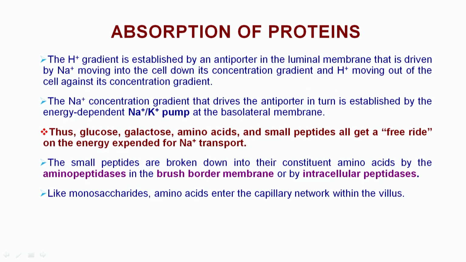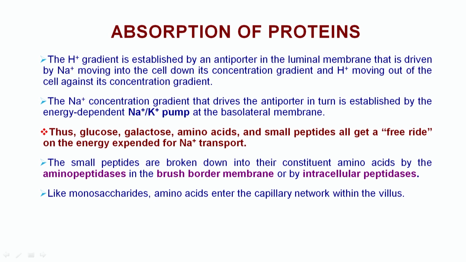The hydrogen gradient is established by the antiport in the luminal membrane that is driven by sodium moving into the cell down its concentration gradient and hydrogen moving out of the cell against its concentration gradient.